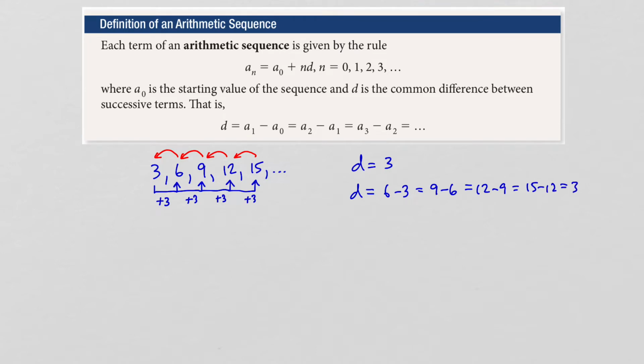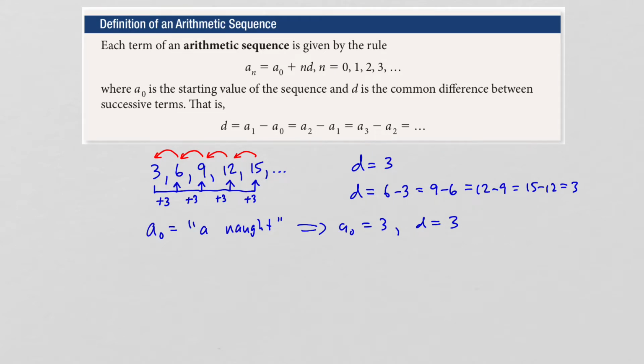So in this arithmetic sequence, the first term, which we call a sub 0, or also a naught, is 3, and the common difference is also 3.